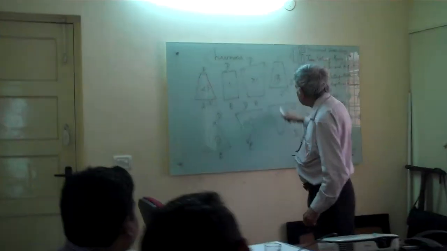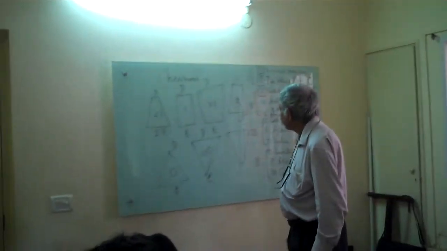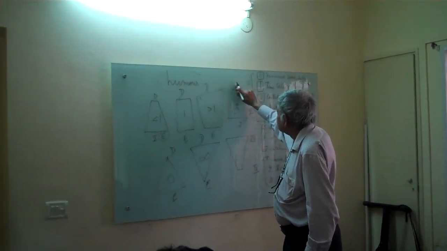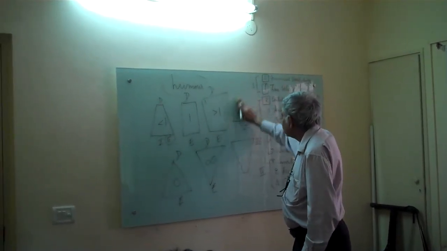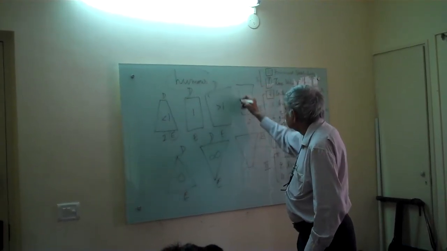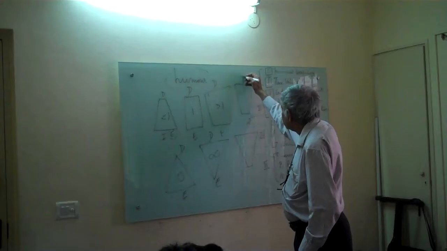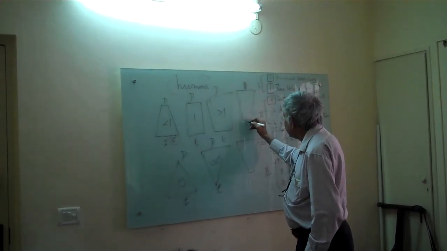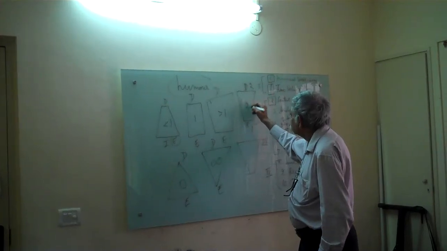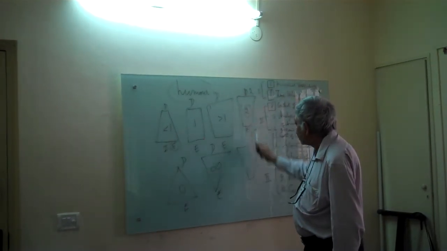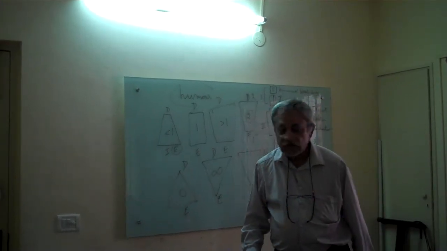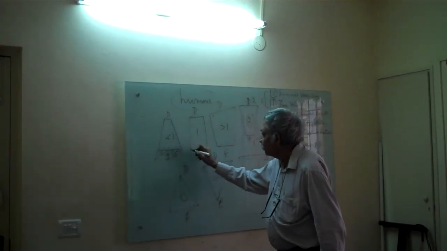Debt and equity. Debt is 2, equity is 1, so this is 2. Compared to this and this, which is stabler? This is the ground level.